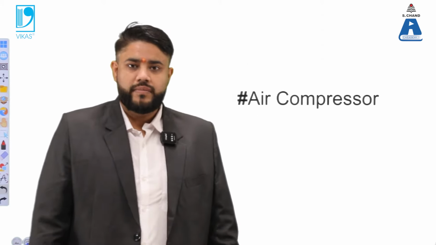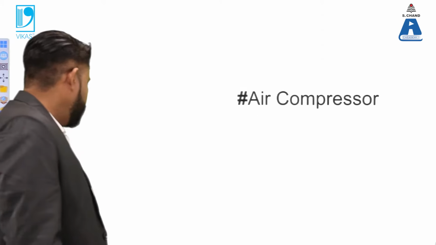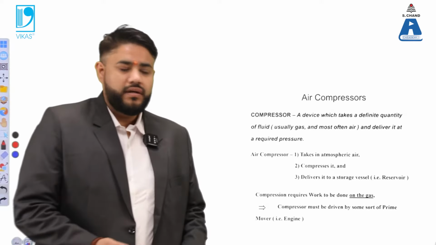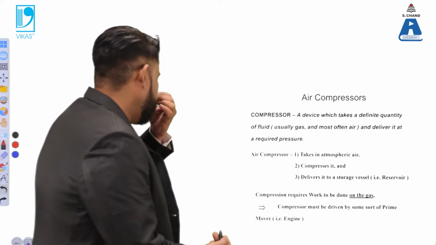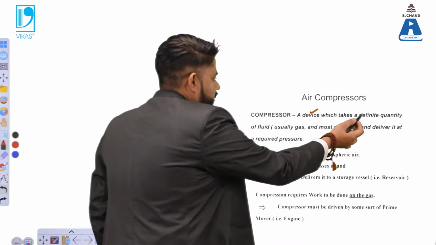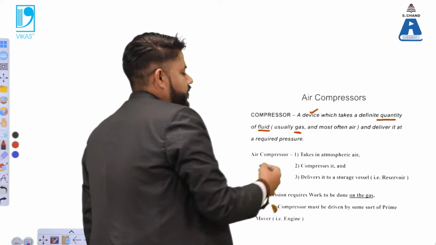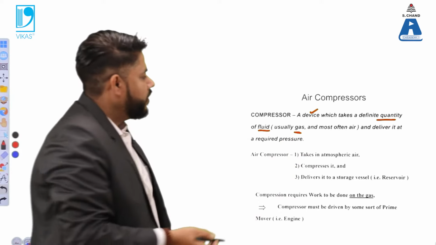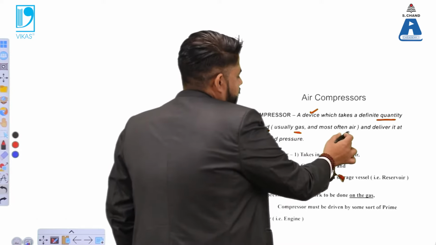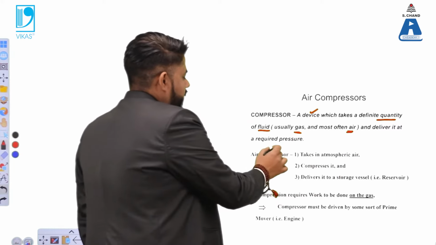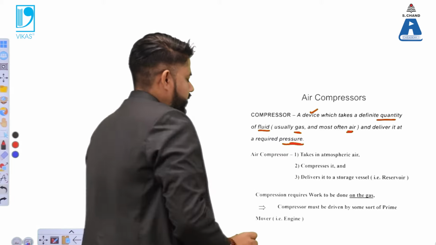The topic is air compressor, and it's a part of the syllabus Applied Thermodynamics. As per the definition, a compressor is a device that takes a definite quantity of fluid. Generally in our situation it is a gas, often air, and it delivers that air at the required pressure.